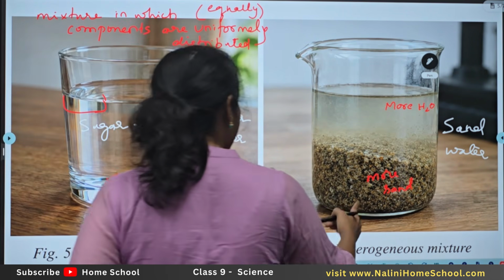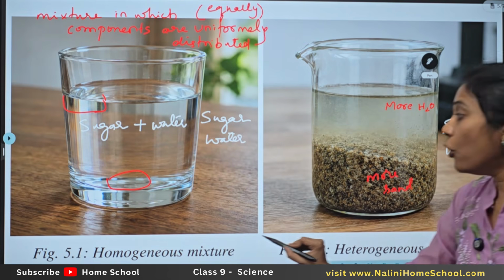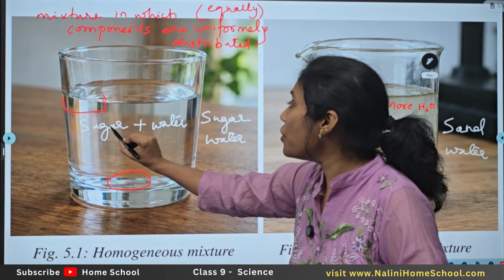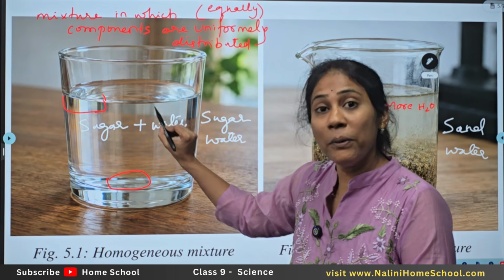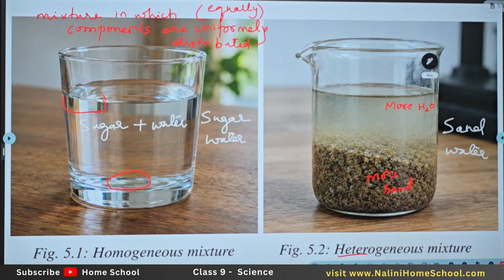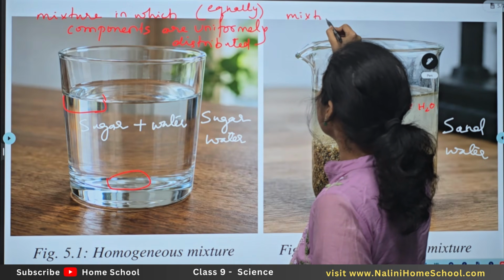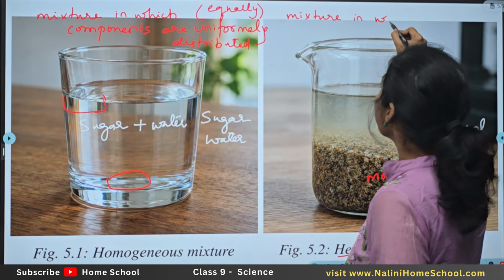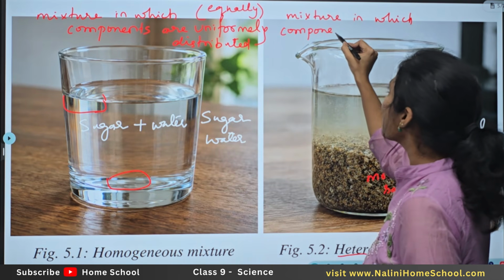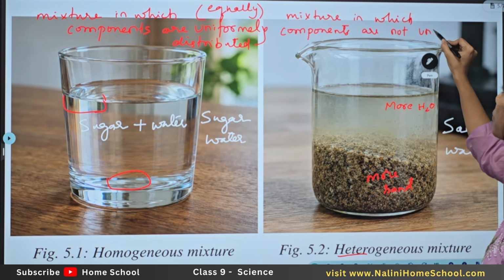So what is the definition of heterogeneous? Hetero means different. Homo means same: everywhere you will have the same composition of the components. So how do you define it? It is that mixture in which components, very simple guys, are not uniformly distributed.